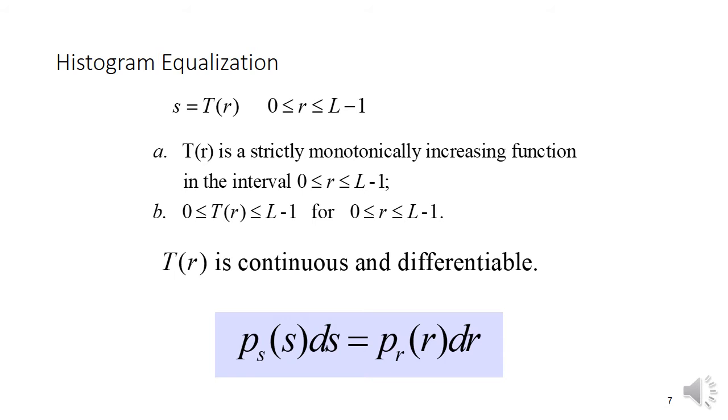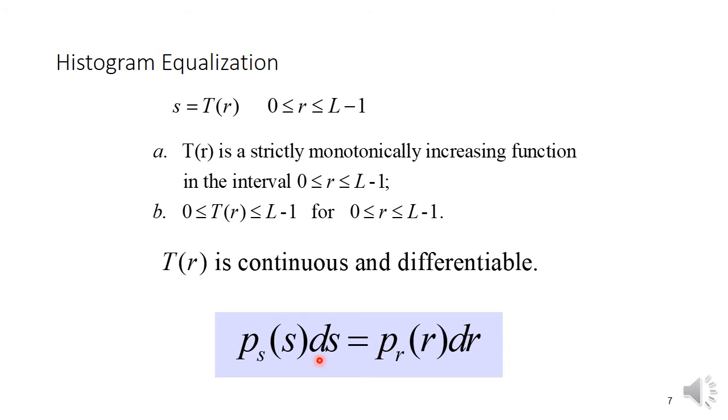And similarly, if we have a range of input values of R from 0 to L minus 1, and after applying the transformation on R, we are again getting the same range, 0 to L minus 1, and the transformation on R is continuous and differentiable.